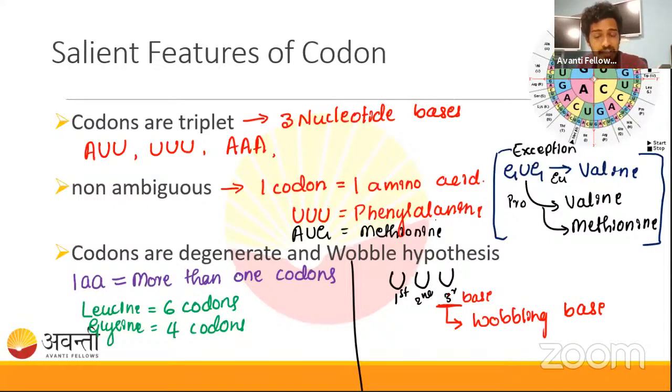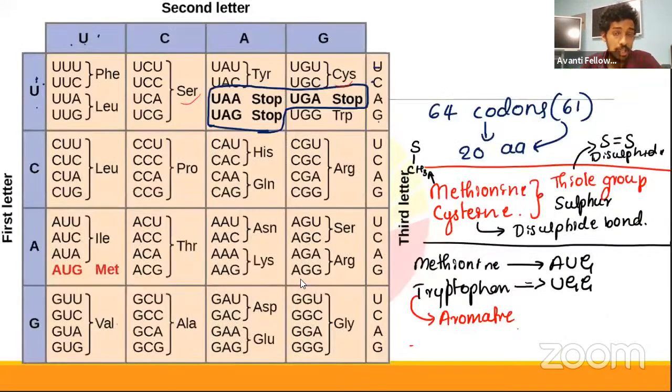A change in this particular base, sometimes it doesn't matter. Only the first two will be considered. If I show the chart again, I'm not saying this for all codons, okay? In some, think about CU: it is coded by leucine, and the third base doesn't matter.